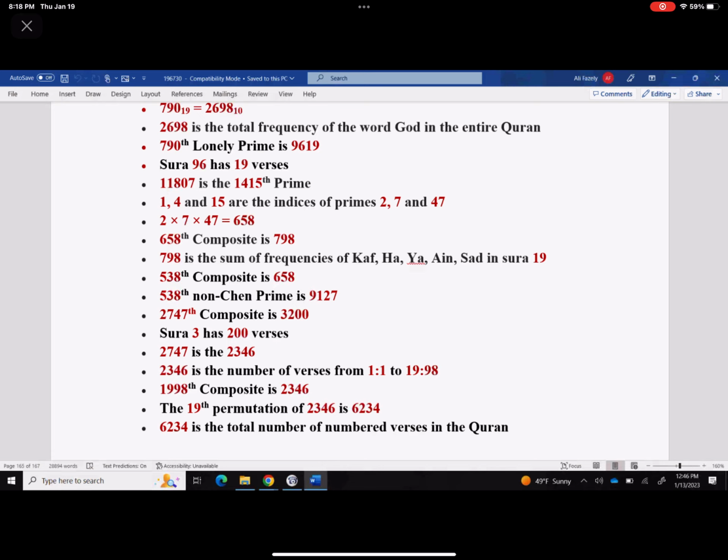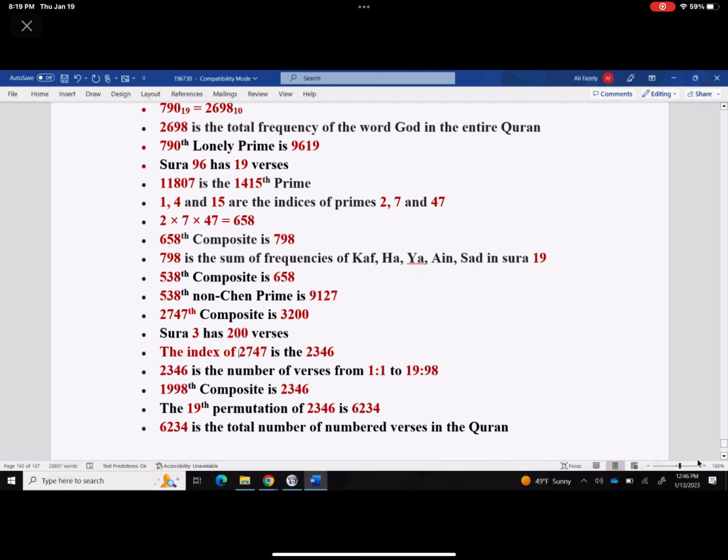The index of 2747 is 2346. 2346 is the number of verses from 1-1 to 1998.